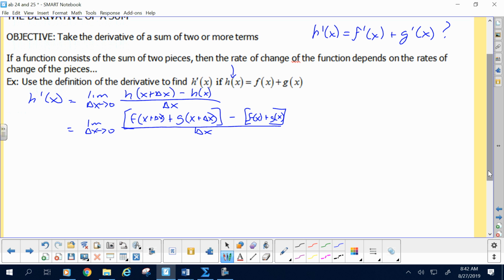All right. This goes to limit rules here. When I ask you what's the limit as x goes to 2 of 2x squared plus 3x, what is it? You're either slow at math or confused.